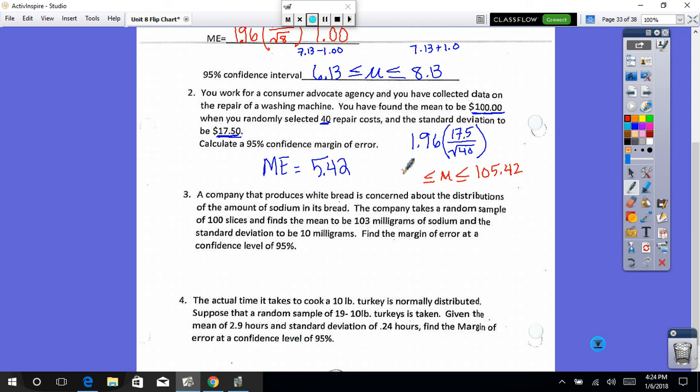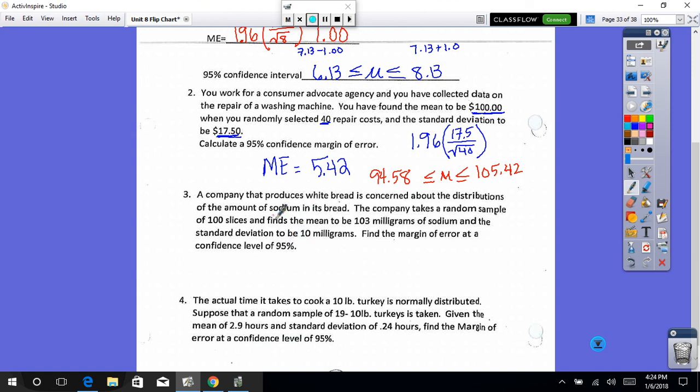And we end up with 94.58 for the other side. Okay, so there's my confidence interval if you wanted to find it.